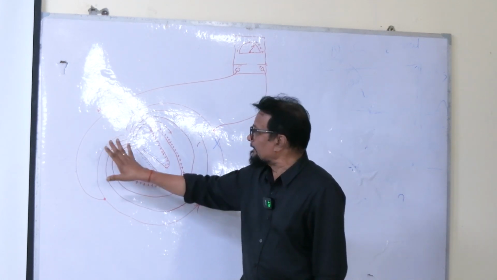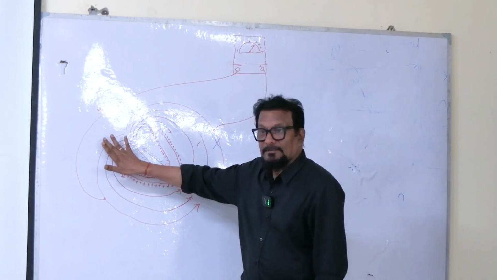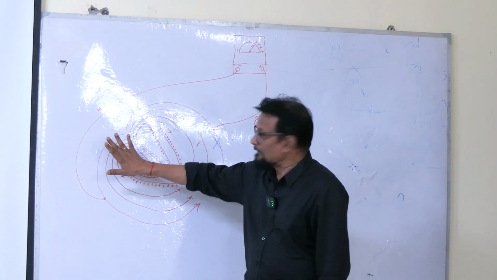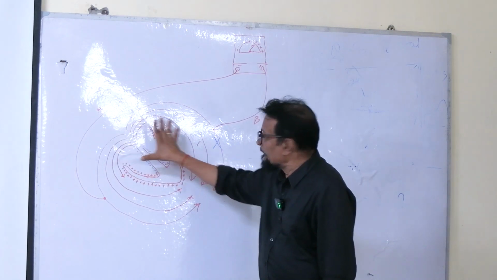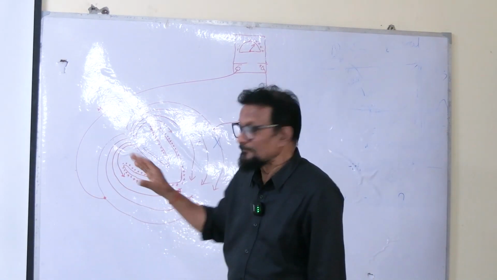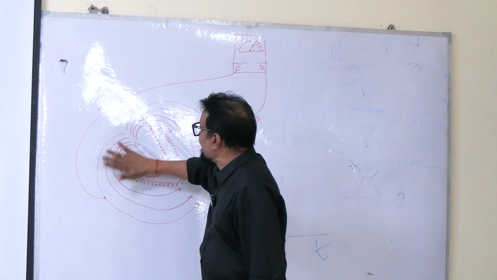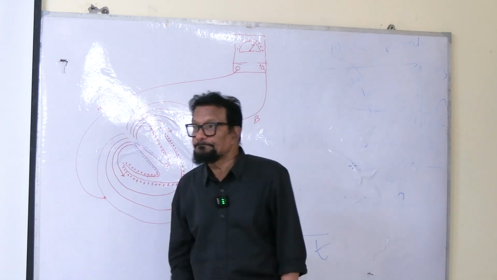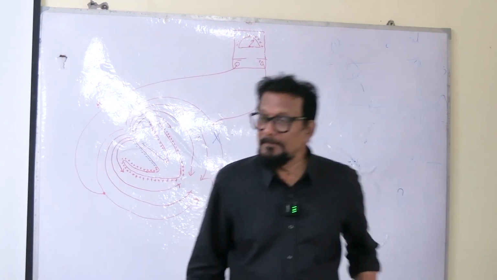When it is generated, this electrical impulse will be transferred, will be spreading throughout the atrium. Suppose she is the SA node. She has generated the impulse.